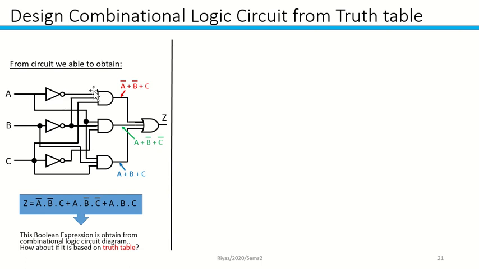So you have A bar over here, so I put A bar over here. The second one, B also goes through NOT, so it's going down over here, it becomes B bar. And C is from C itself, not NOT or NOT, so it becomes C.